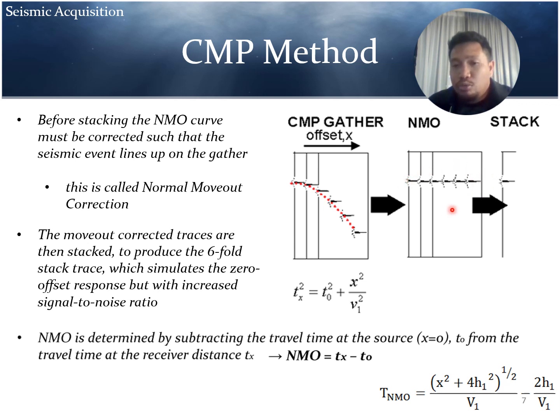So after you do that, we're going to combine everything from all these 6 traces into a single stack. Again, we only need one stack trace for a single reflection point to represent a reflector that has been recorded at that particular point.